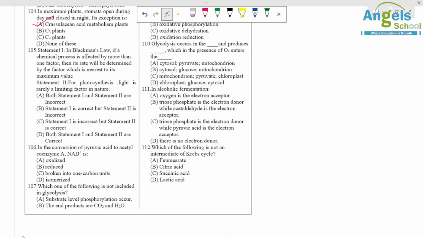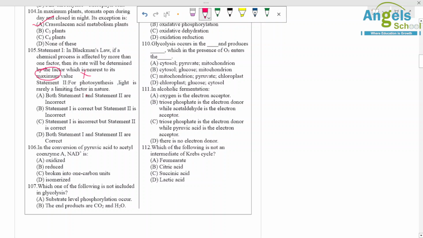So you have to choose which statement is correct and which one is false. In Blackman's law, if a process is affected by more than one factor, the rate of the reaction is determined by the factor which is nearest to its minimum value. Here maximum is given, so this statement is wrong.